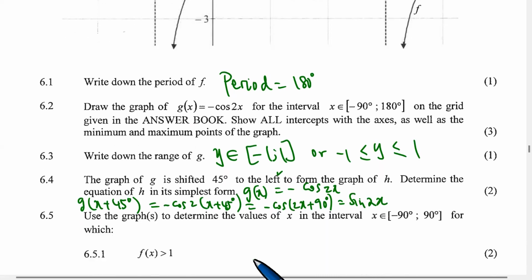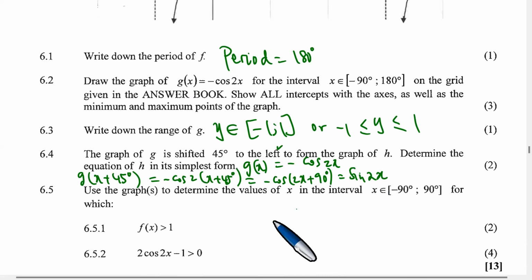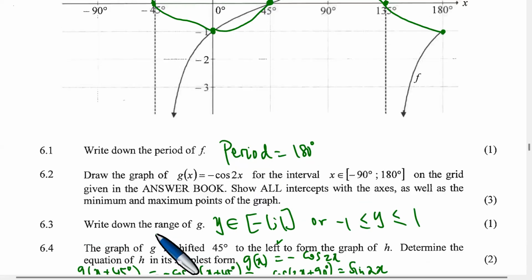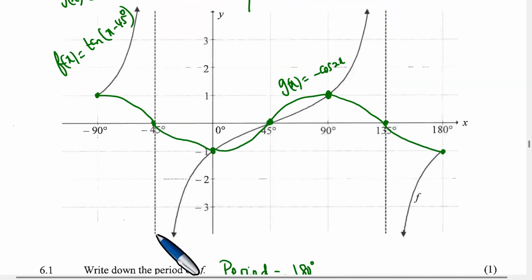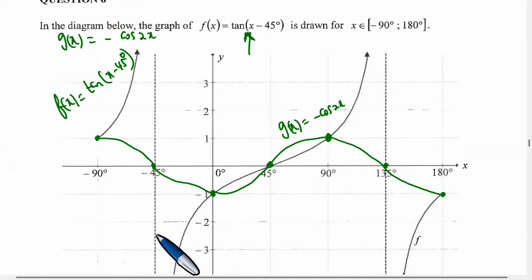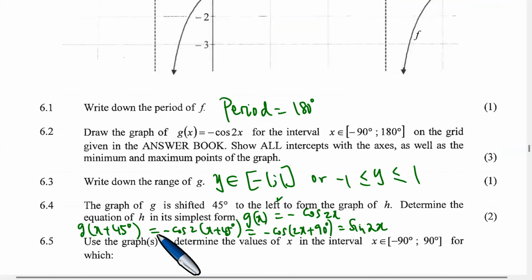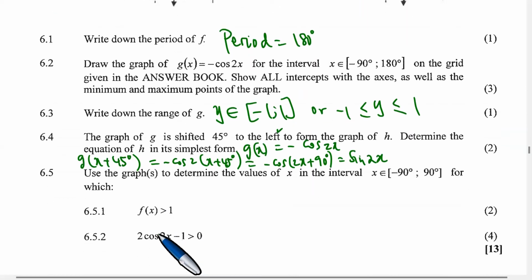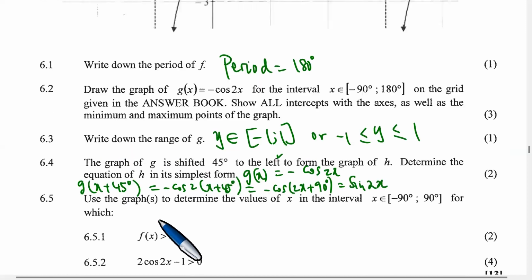Next question. Use the graph to determine the values of x in the interval between -90 and 90 degrees, for which the function f is strictly bigger than 1. Bigger than 1 strictly. So let's look at this question here, 6.5.1.